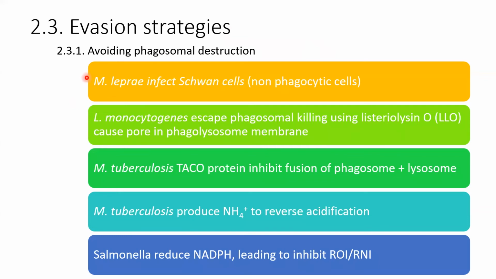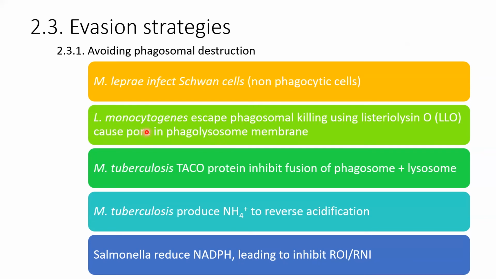And the evasion mechanism of intracellular bacteria to avoid phagosome or phagocytosis is also a major problem. For example, Mycobacterium leprae can infect non-phagocytic cells such as Schwann cells.